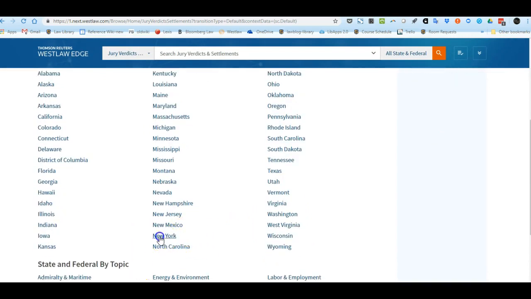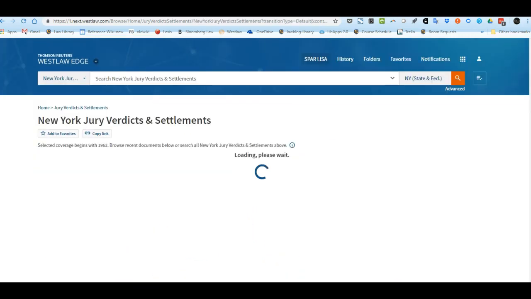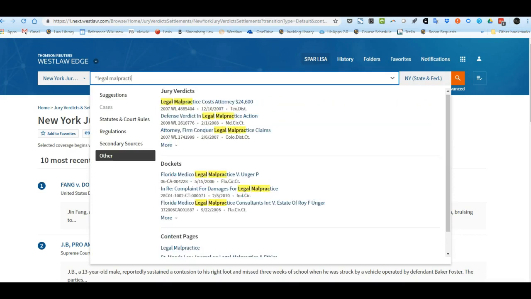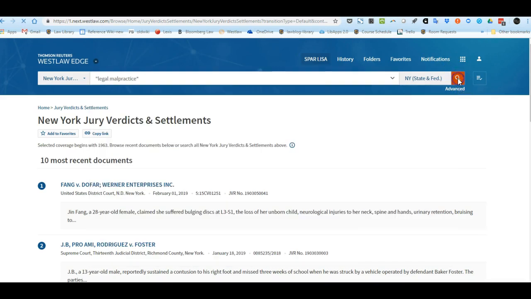And again, filter before, however you want to do it. So I'm going to New York, and then I'm going to search and see what we find for legal malpractice, so you can see what jury verdicts look like on Westlaw.